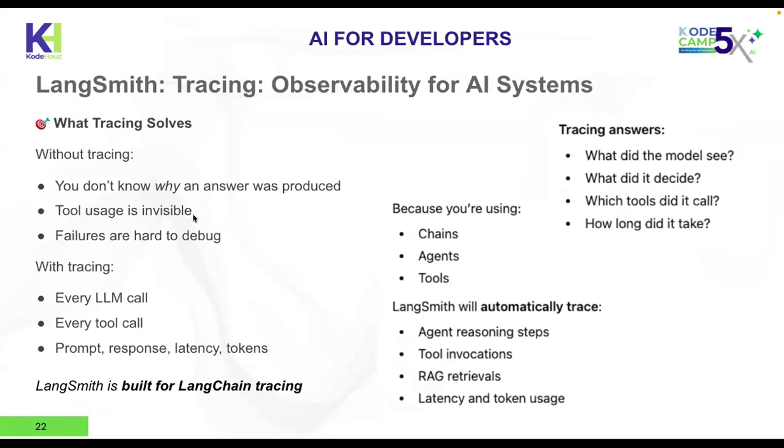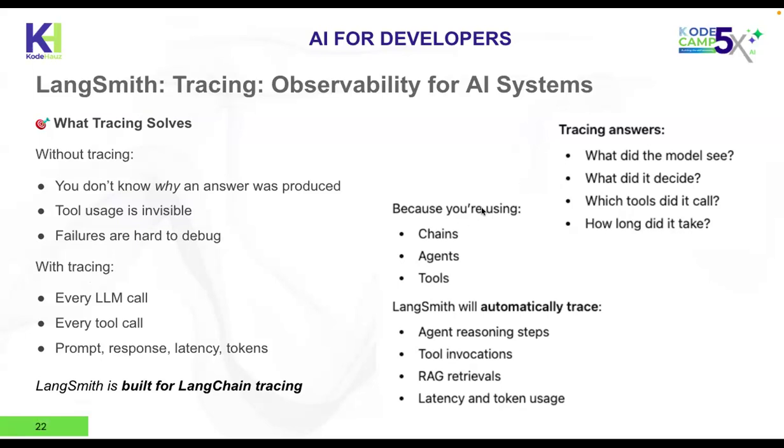Tool usage becomes visible. Without tracing, you will not see where tool calls are made, but with tracing, you can. Failures are easier to debug, right? Every single LLM call, tool call, prompt, response, latency, and token count, you can see everything. That's what LangSmith brings for you.